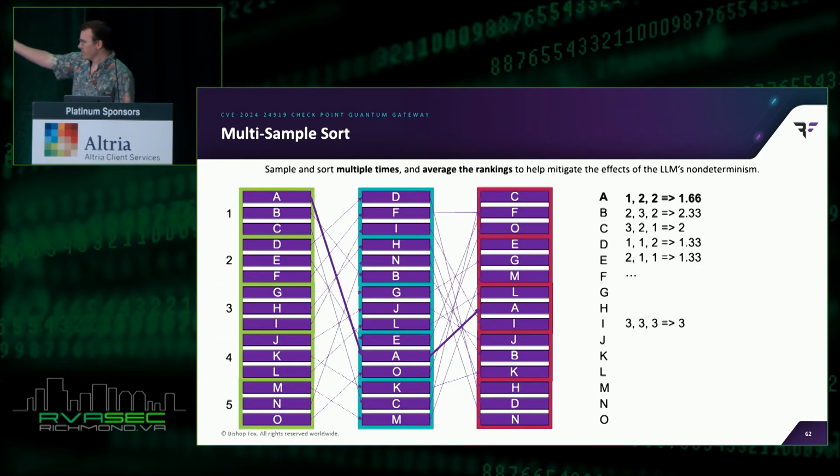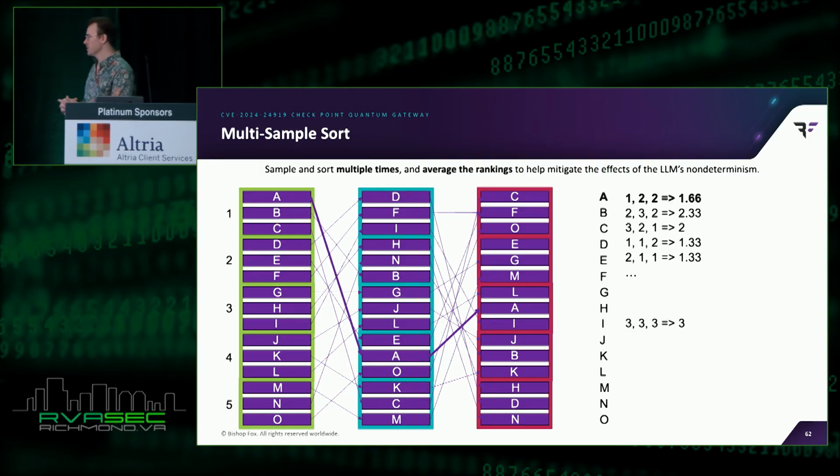So this is a picture of the approach that we ended up taking. We were slamming code in on Sunday night, trying to get this working. In this very simple example, you've got 15 different items. In reality, we're dealing with functions, but it doesn't really matter. You want to sort these against one another.